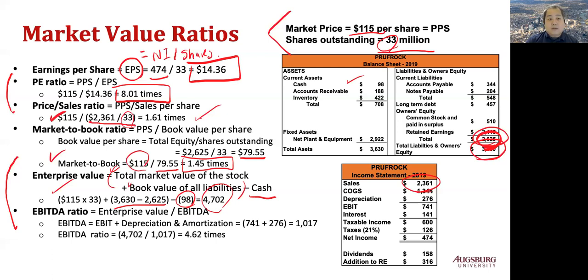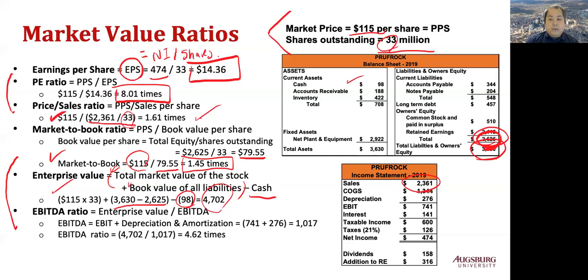After enterprise value, you can compare enterprise value versus earnings before interest, taxes, depreciation, and amortization. This is called EBITDA, and this ratio is called the EBITDA ratio. First of all, EBITDA is a measure of the operating cash flow because we add non-cash items back.